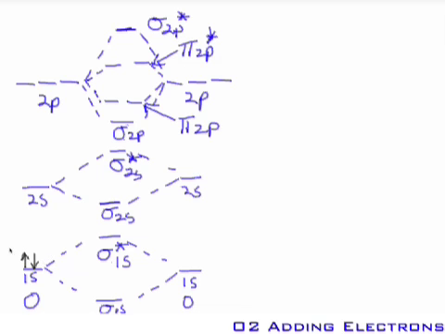So there's 2, 3, 4. Hund's rule states that when you hit equal energy orbitals, you must put 1 electron at a time in each orbital. 5, 6, 7, and then 8.